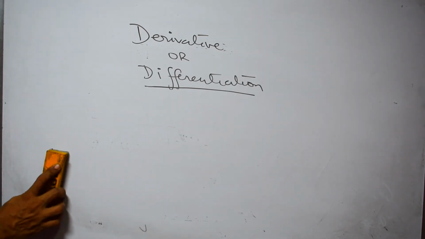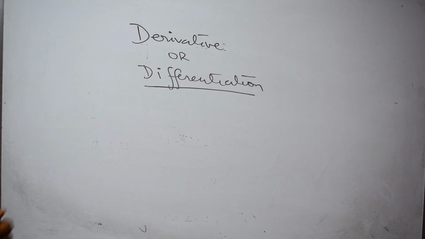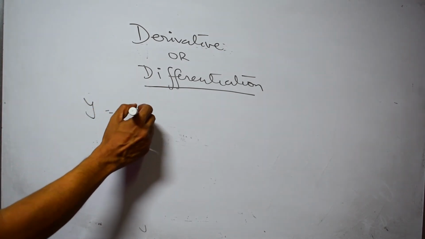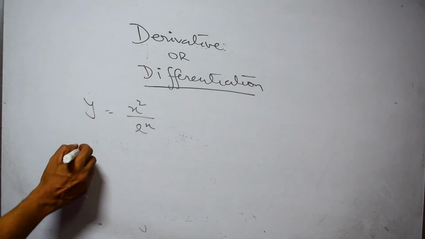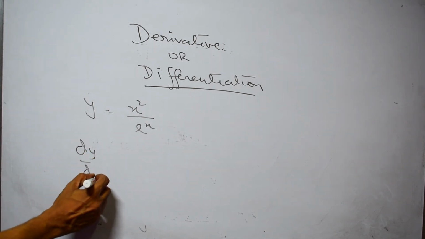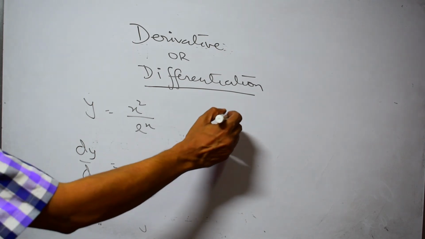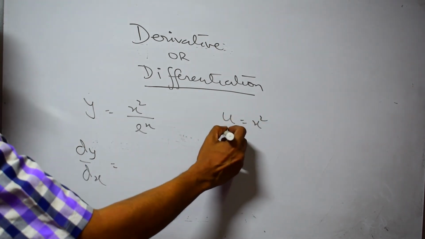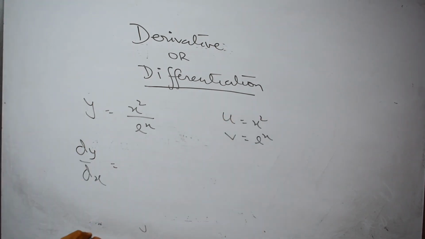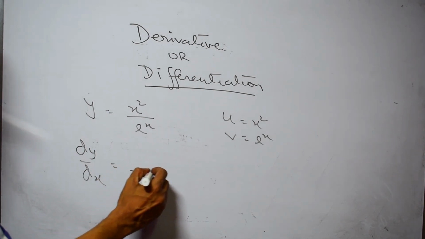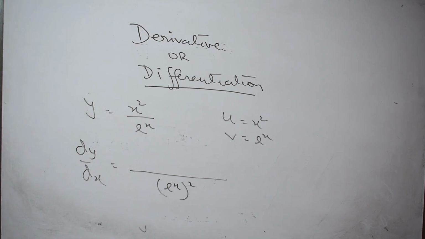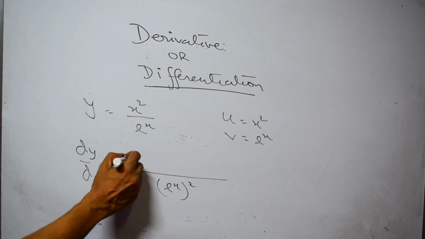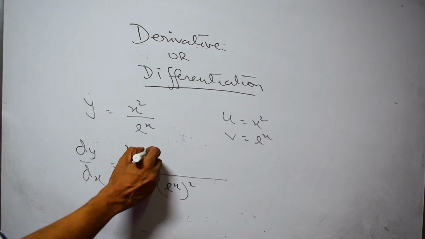And the final example we can see here: y is equal to x square by e to the power x. We are finding dy/dx. So what is the derivative? dy/dx will be u by v, where u is x square and v is e to the power x. So the denominator will be v square, that is e to the power x whole square, then v, that is e to the power x, into the derivative of u.